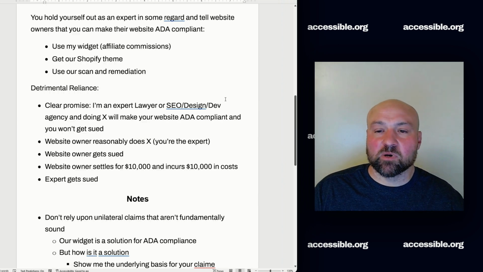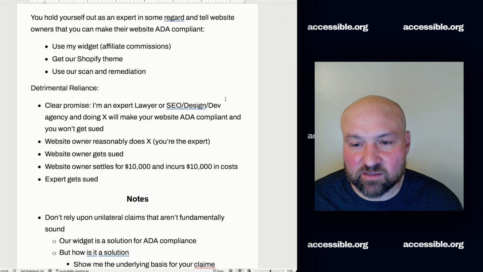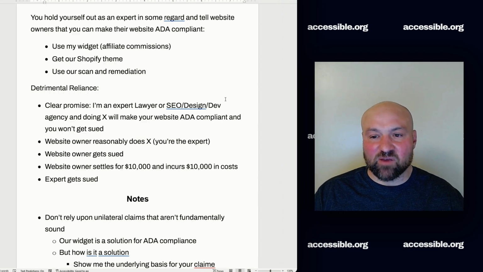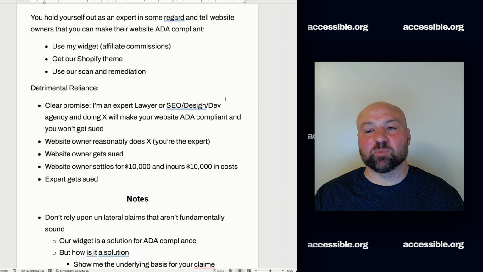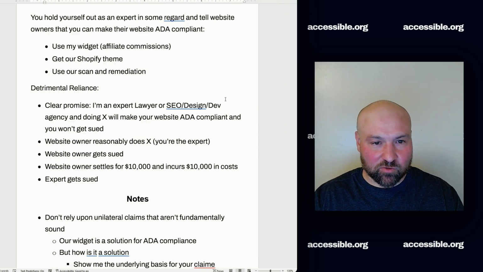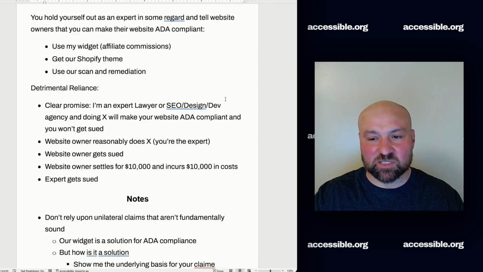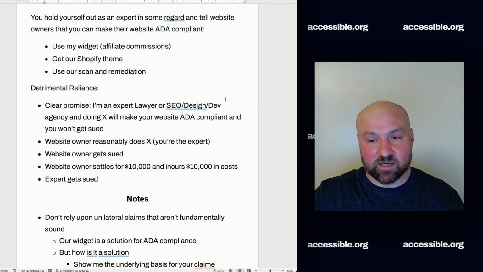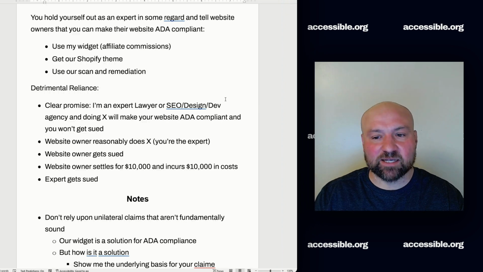All right, so under the law, there's a concept, and it's referred to as detrimental reliance. So let's say we have a clear promise. I am an expert lawyer or SEO person or design or development agency, and I'm telling you that doing X will make your website ADA compliant and you won't get sued. So you being the expert, the website owner listening to you reasonably does X because you are the expert.